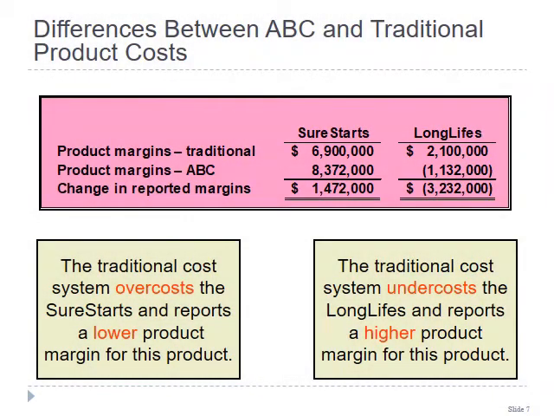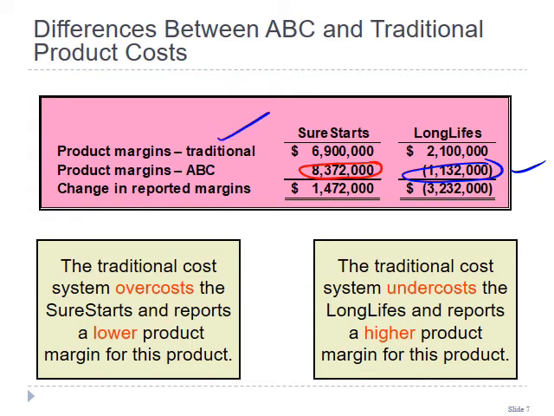This slide basically tells you what we have just discussed in our previous slide: the ABC system tells us that the Short Start is giving us $8.372 million profit, while the Long Life is giving us a 1.132 million loss.